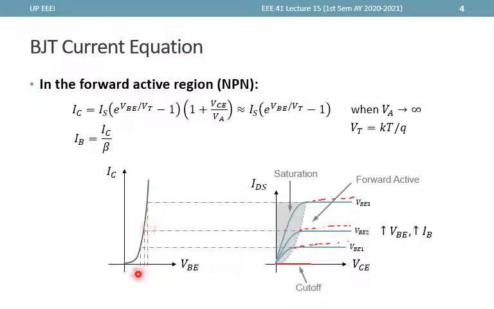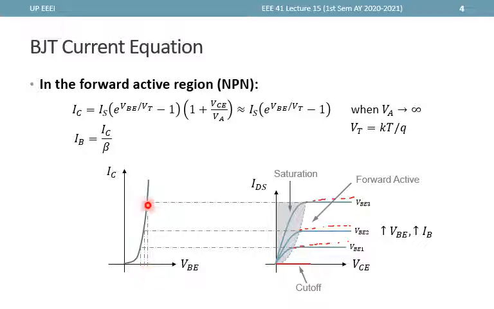So if we increase VBE linearly, or with equal steps, then we'll get exponentially increasing collector current. So that's why these currents here are not equally spaced, even though VBE1, VBE2, VBE3 are equally spaced apart.